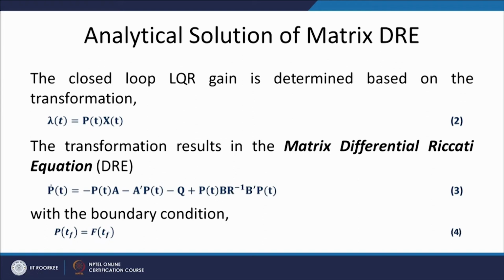To determine the solution of the matrix differential Riccati equation means we are trying to obtain the value of P(t), which can be expressed in terms of the eigenvalues and eigenvectors of my Hamiltonian matrix.